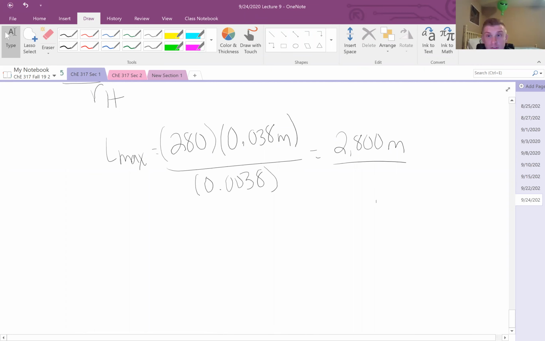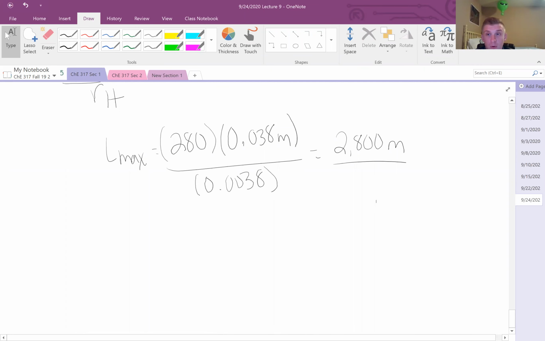For your average friction factor, why didn't you find it at point A and point B? In a real problem, I would. That's a very good question. Because for this system, you would have to say what's F of A and what's F of B and do an average. So in that case, you are absolutely right.